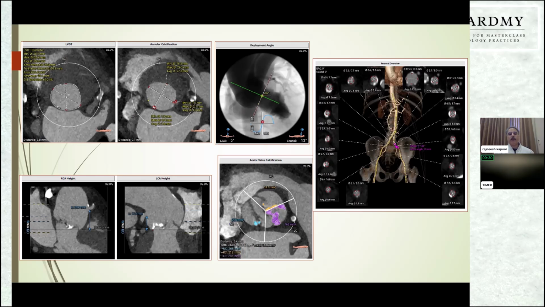Now, one thing I like to add here, which is of interest to everybody: if your ascending aorta is dilated, this 66 degrees of angulation will behave like 80 degrees. Because once you take the valve to the aortic annulus and try to push across the aortic valve, that pushing will take the hardware into the ascending aorta more towards a greater curvature, and it will become almost an 80-degree angulation.